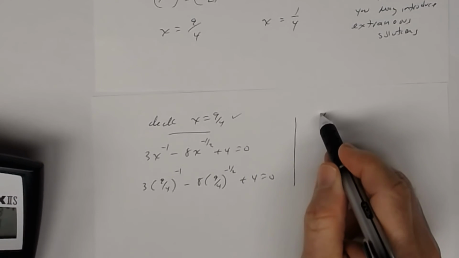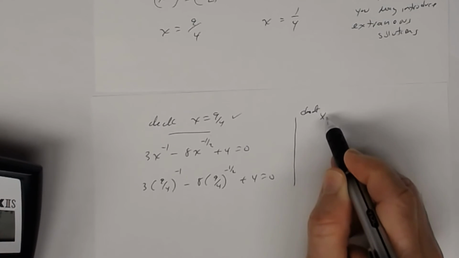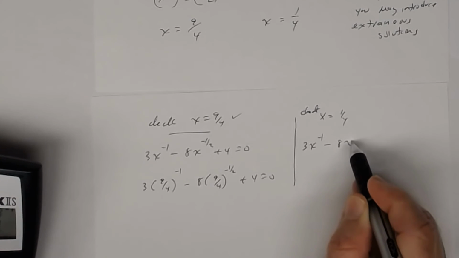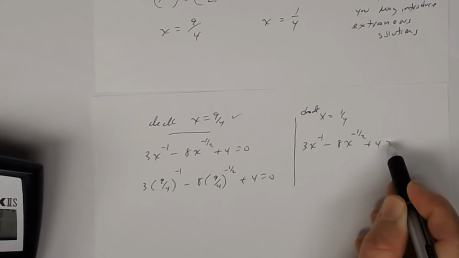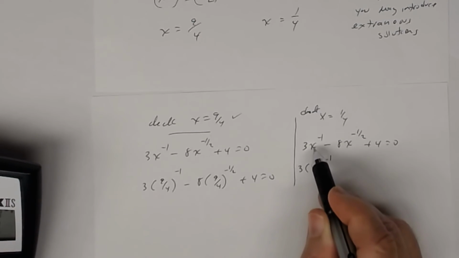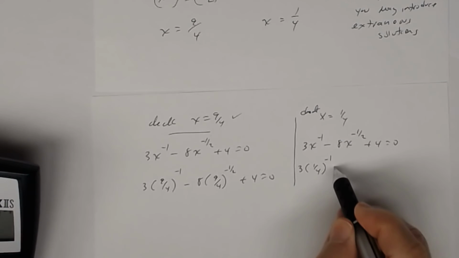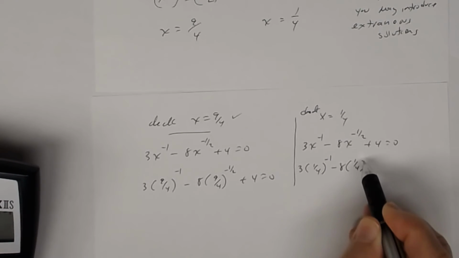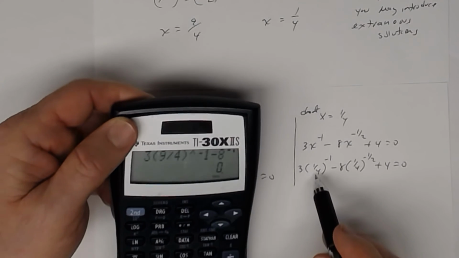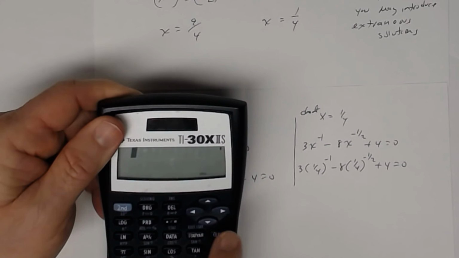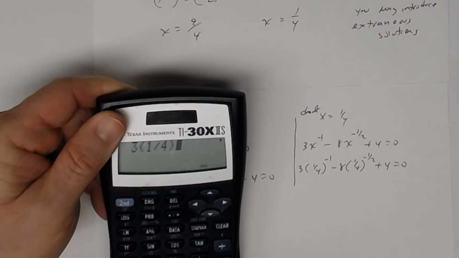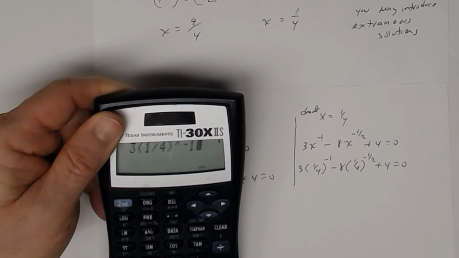Now let's check x equals 1/4. So we go back to the original, just like I did earlier. 3 times 1/4 to the -1. Where's the variable x? I substitute 1/4: minus 8 times 1/4 to the -1/2 plus 4 equals 0. Using your calculator, make sure you put it in correctly. 3 times 1 divided by 4 raised to the -1.